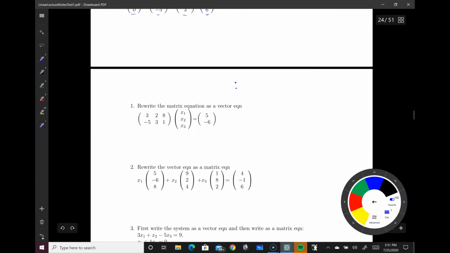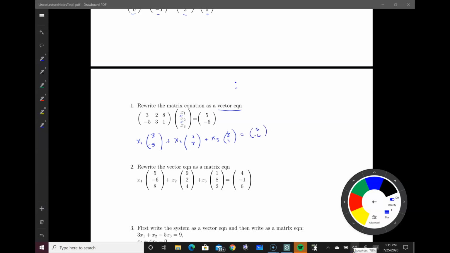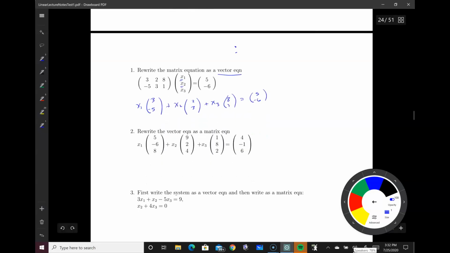All right, so let's start with this. Here I have the matrix equation. So let's rewrite this as the vector equation. So the vector equation will be this number x1 times the first column vector, then this number x2 times the second column vector, and then the number x3 times the last column vector, and that all equals this. All right, so this is the vector equation.